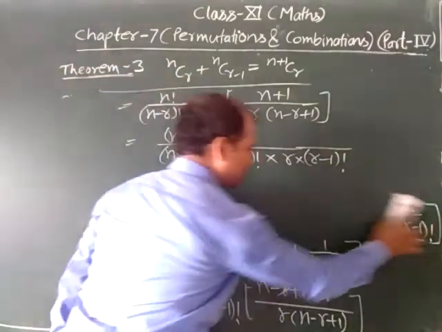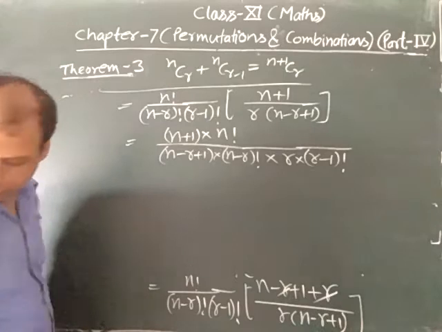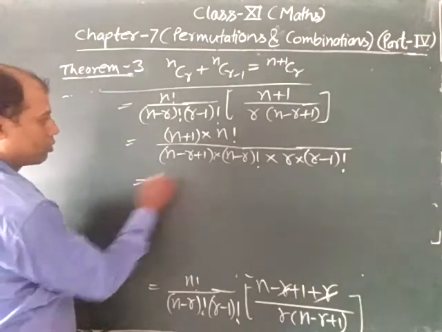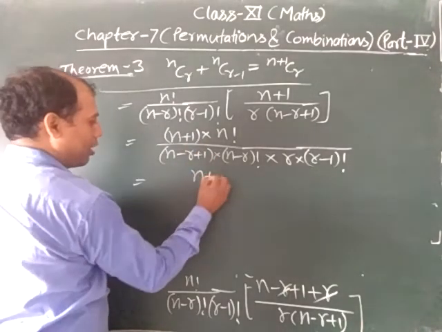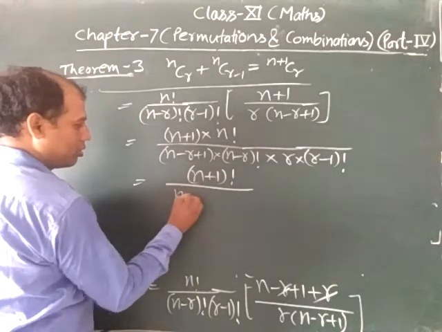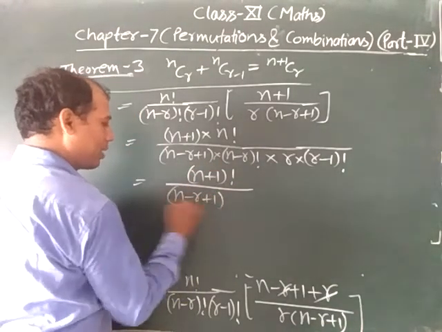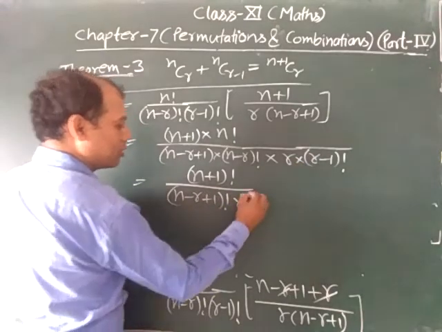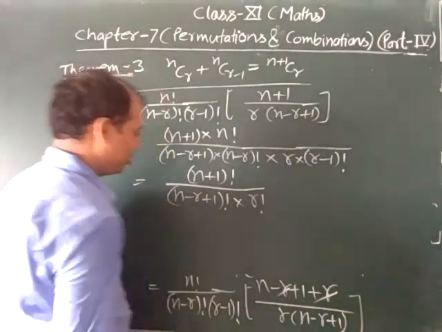Then this becomes n plus 1 factorial, and this becomes n minus r plus 1 factorial, and this becomes r factorial.